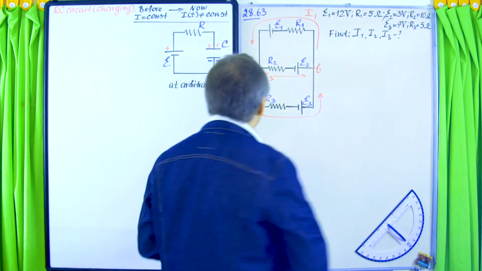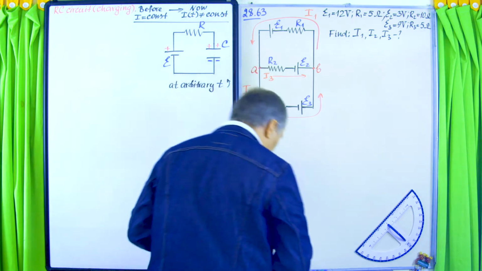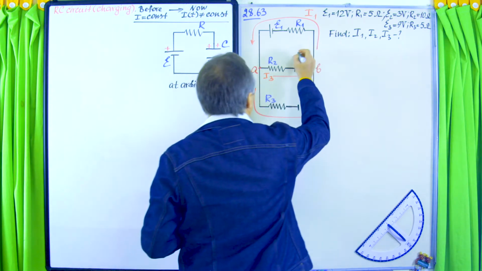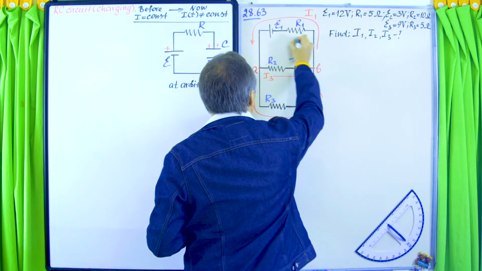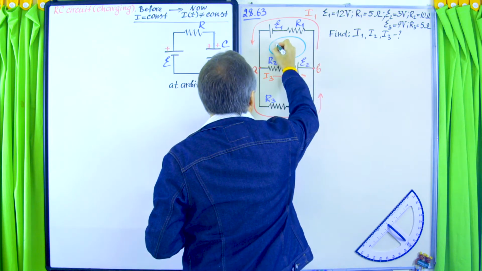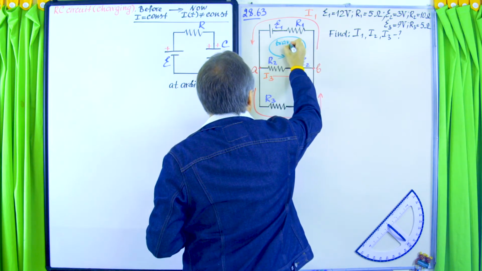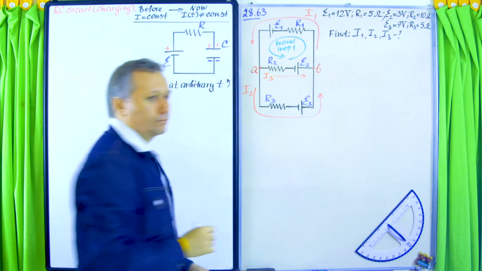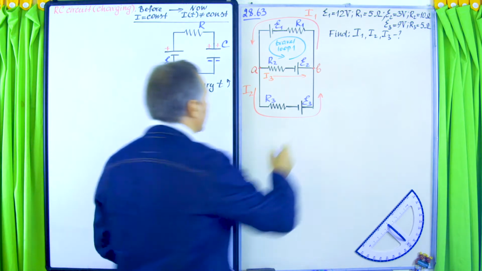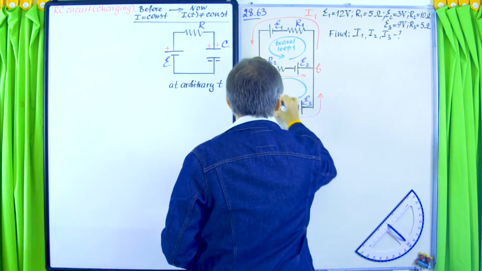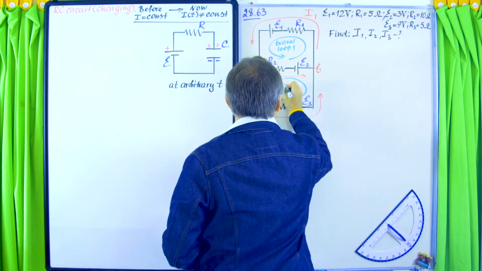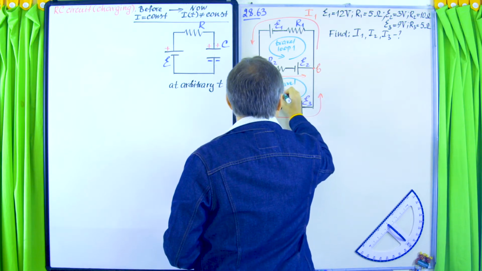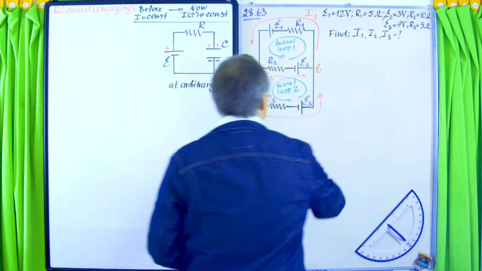Okay, so for loop number 1, I picked counterclockwise direction. Okay, let's do it. So this will be travel loop 1. That's my travel direction. And for the second, I also do the same. So that's my travel direction, and that's for loop number 2.